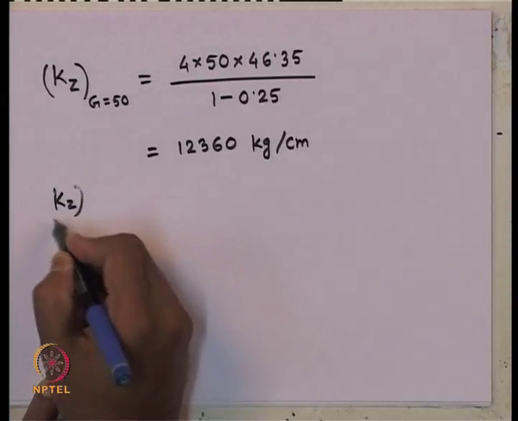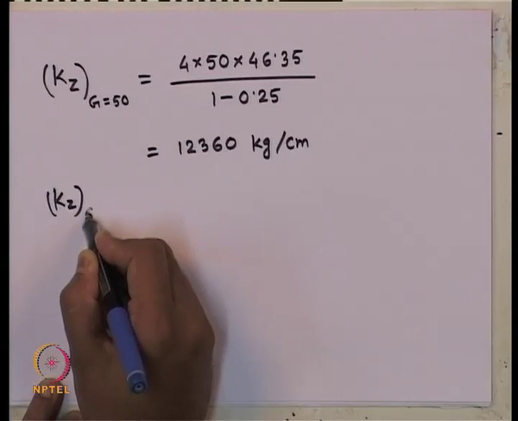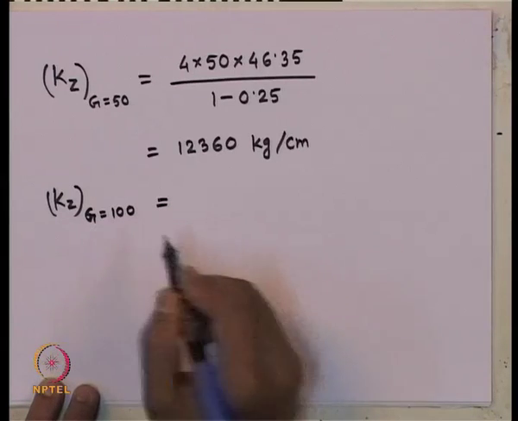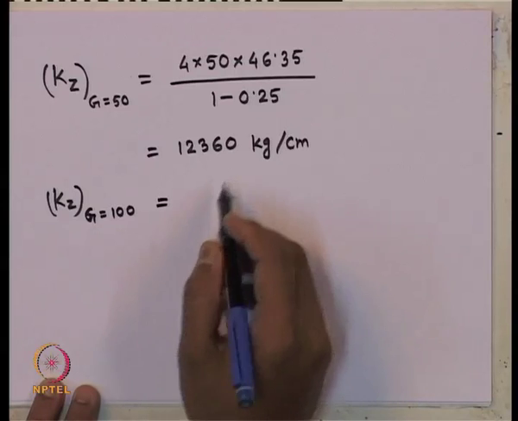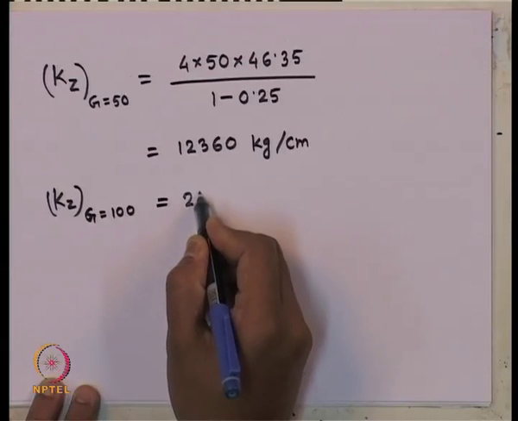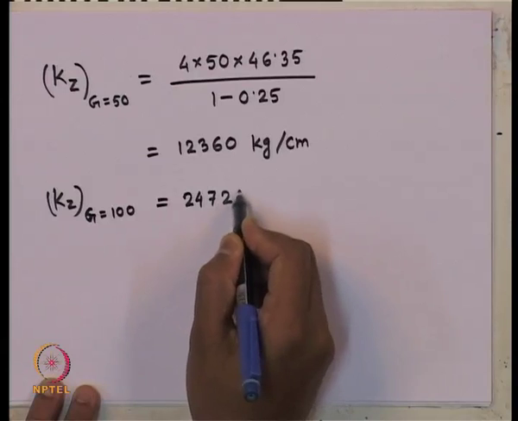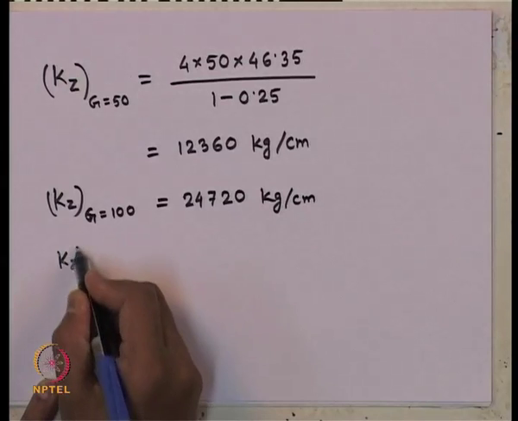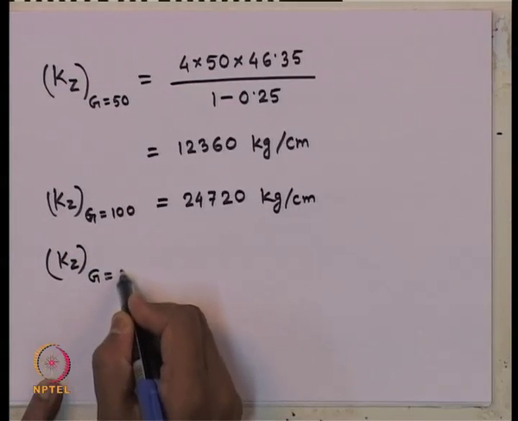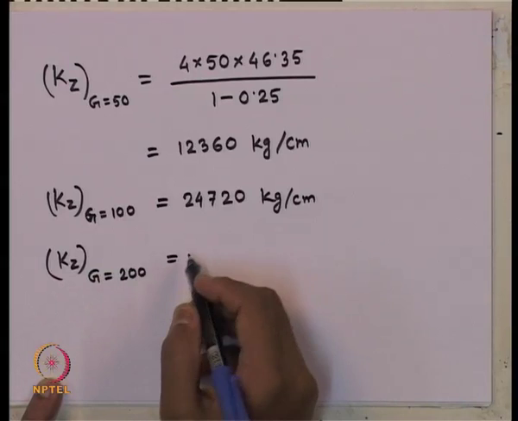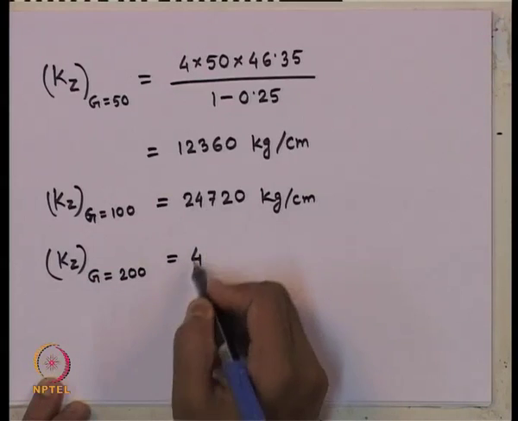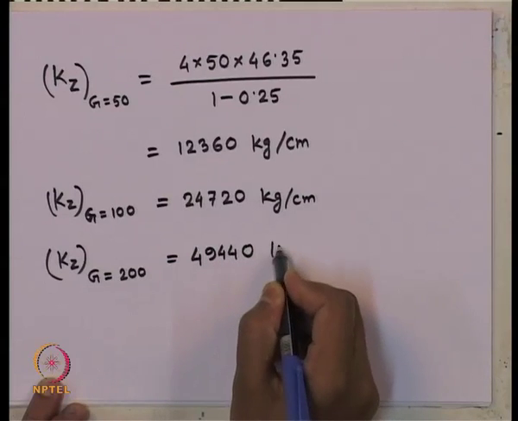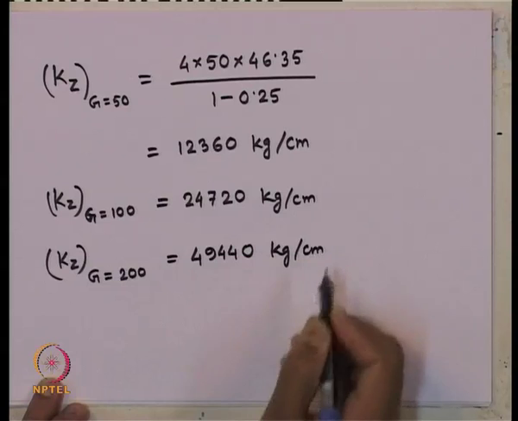Let us compute Kz for the other 2 types of soil here itself. With G equals 100 TSF, it will be just double of this, 24720, and Kz for G equals 200 will be double of this once again, 49440 kg per centimeter.